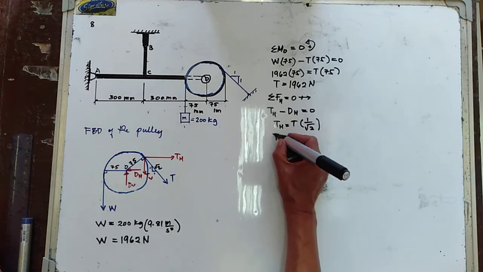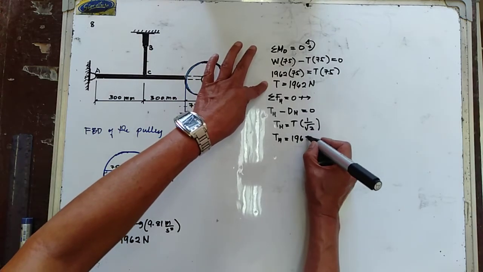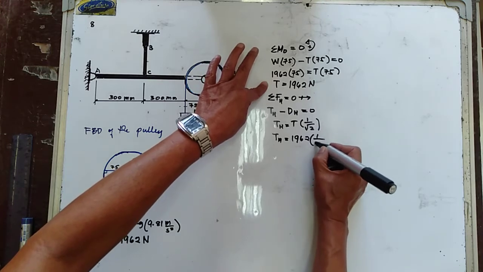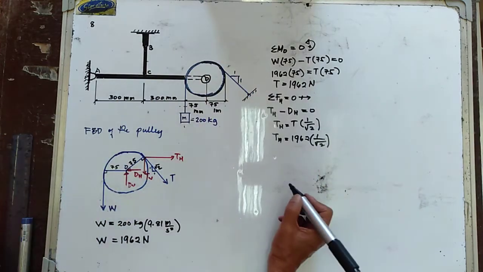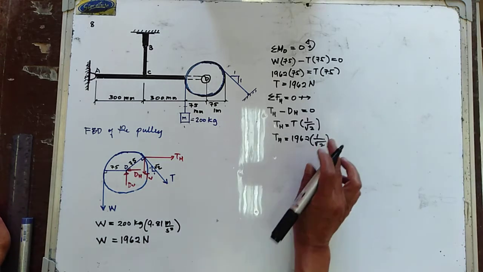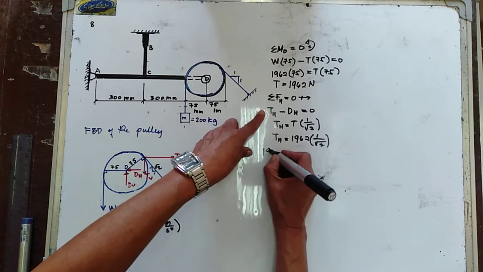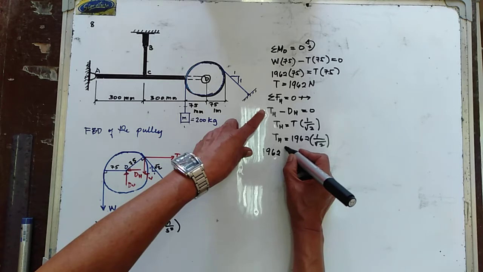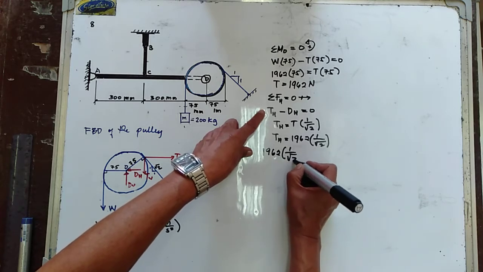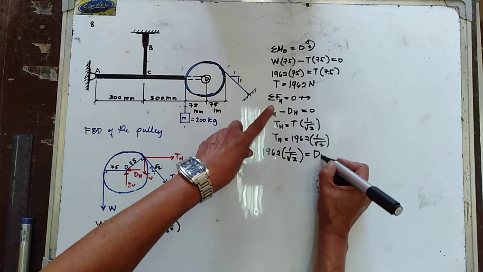So your T horizontal is equal to 1962 times 1 over the square root of 2, which is equal to DH.